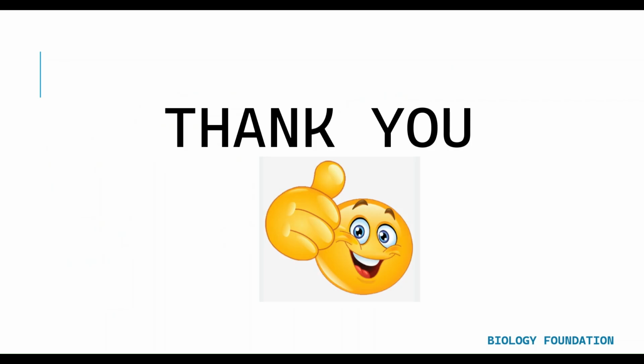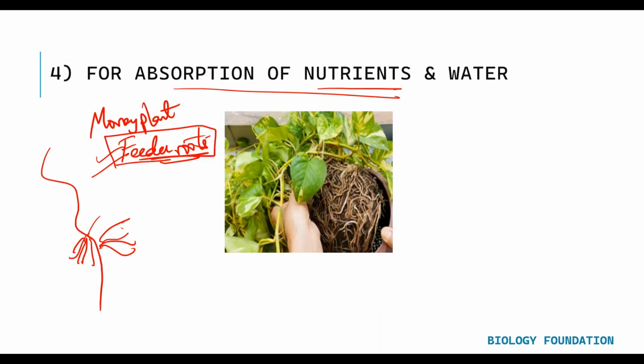What is the basic function of root and what are the modifications in a root, how roots are modified for storage of food, for providing proper nutrients, for providing mechanical support, and even for respiration.